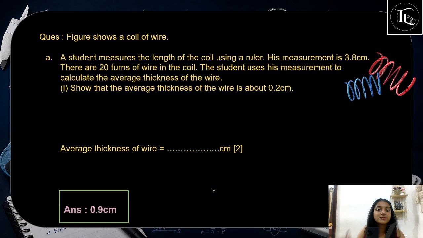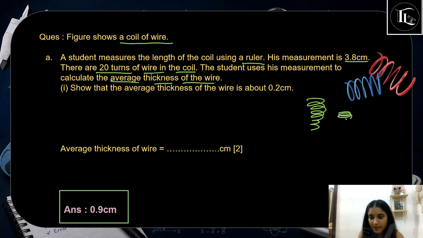Okay, so next part. The figure shows a coil of wire. A student measures the length of the coil using a ruler. His measurement is 3.8 centimeter, and there are 20 turns of wire in the coil. The student uses his measurement to calculate the average thickness of the wire. So the wire is like this, but the spacing is not there, so it will be like this, right?